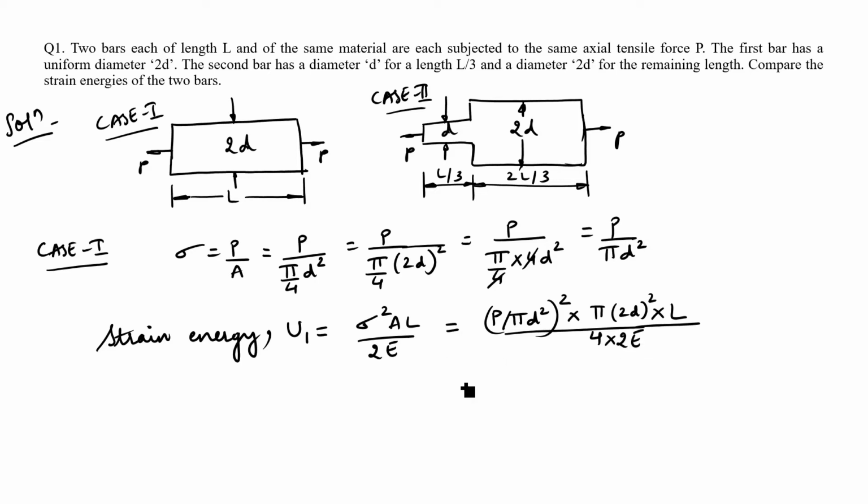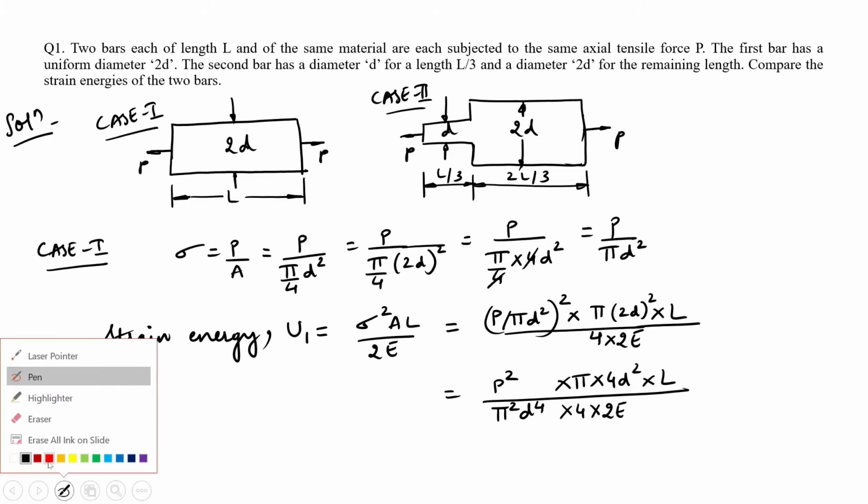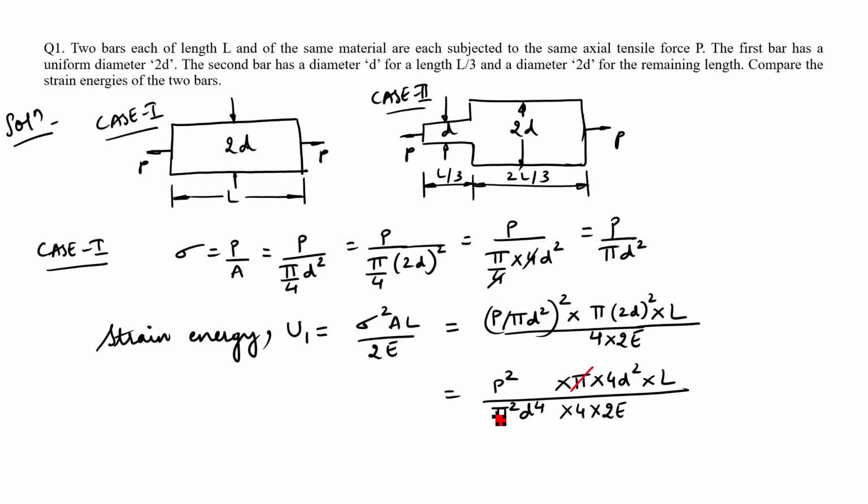Now when I have to solve this, this will be P square upon pi square d raised to 4, and this will be pi into 4d square into L. Here I have 4 into 2E. 1 pi and 1 pi get cancelled.